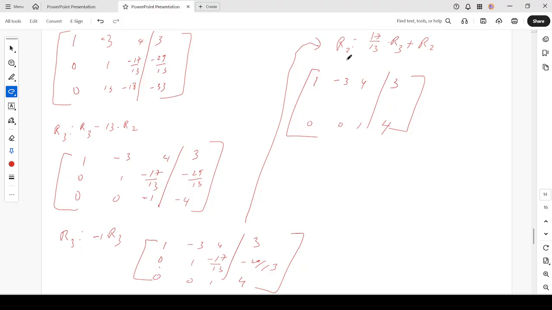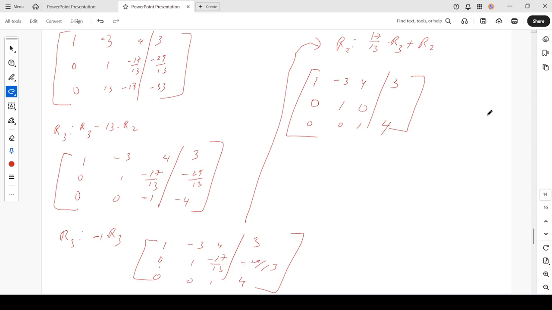But my row 2 will change. 0 plus 0 times 17 over 13, which is still 0. 1 plus 0 times 17 over 13, which is still 1. And negative 17 over 13 plus 17 over 13 times 1, which is 0.